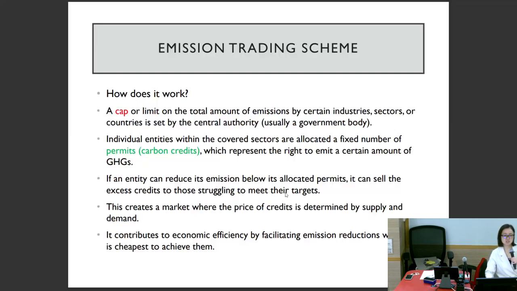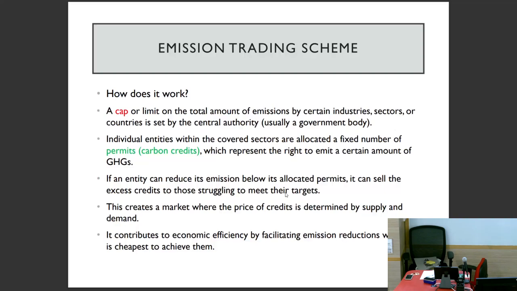to those who are struggling to meet their emissions targets, because the ETS recognizes the fact that every company, every organization, will have a different capacity to reduce their emissions. Maybe for some company it is very easy to reduce a certain amount of emissions.